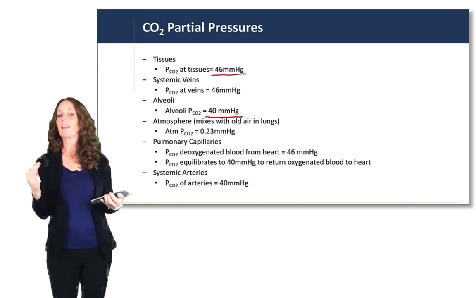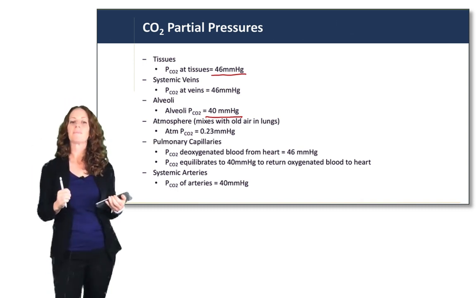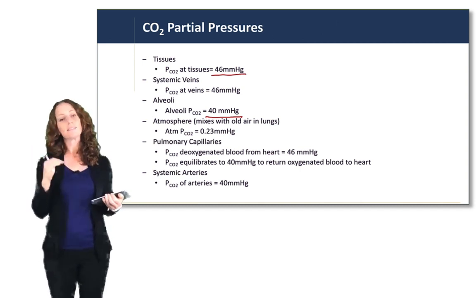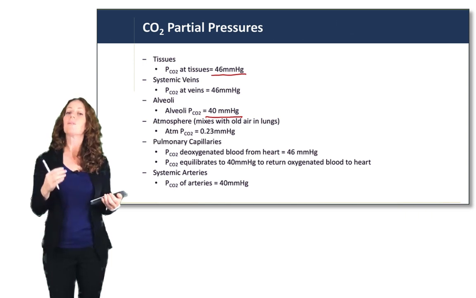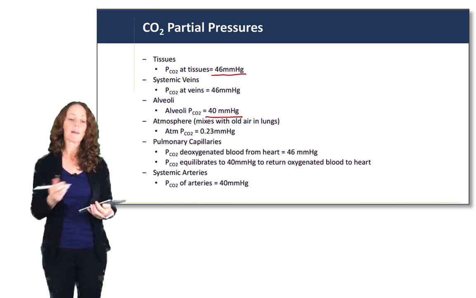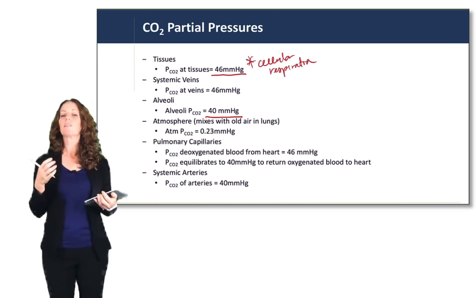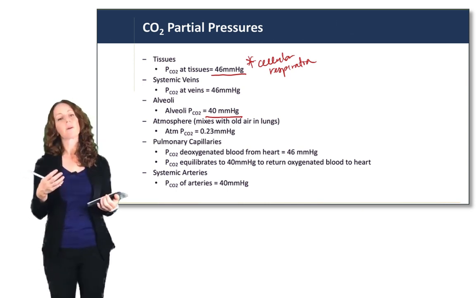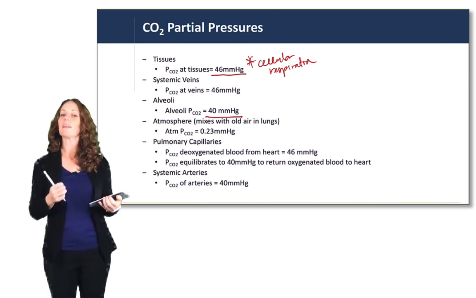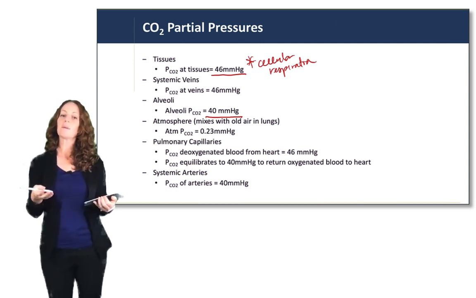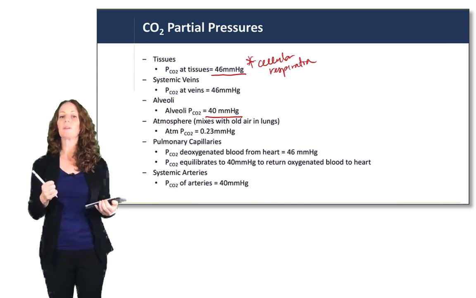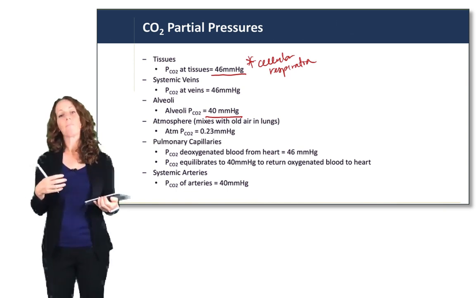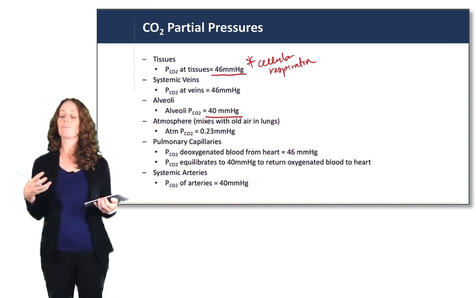Why are the tissues higher than the alveoli? The tissues are higher than the alveoli because this CO2 is being produced through the process of cellular respiration. So cellular respiration brings the tissue carbon dioxide level to about 46 millimeters of mercury. That travels through the systemic veins at about 46 millimeters of mercury and reaches the alveoli. The alveoli then mix with the inspired air.